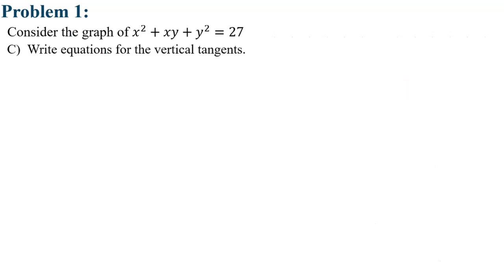All right, part C, we want to know an equation for the vertical tangents to our curve. Now, I'm going to have vertical tangents when dy over dx is undefined. Okay, so our vertical tangents will be when our derivative does not exist. In other words, when that derivative is undefined.